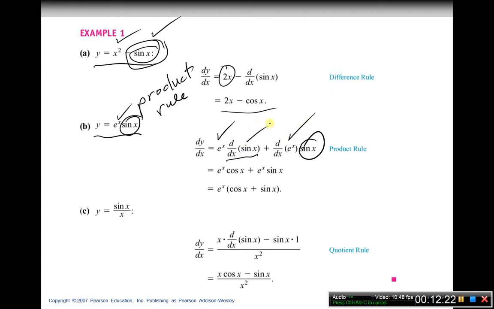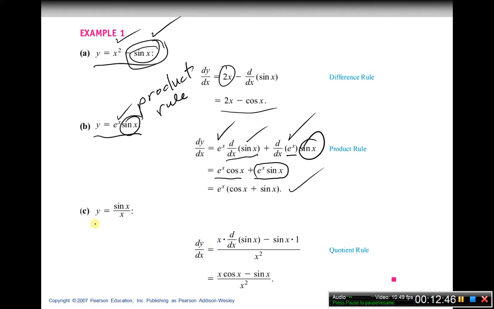The derivative of sine of x is cosine of x, so we get e to the x cosine of x. The derivative of e to the x is e to the x, so we get e to the x times sine of x. And finally, factoring out an e to the x, we get e to the x times cosine of x plus sine of x.